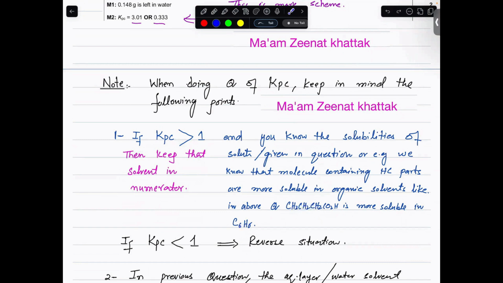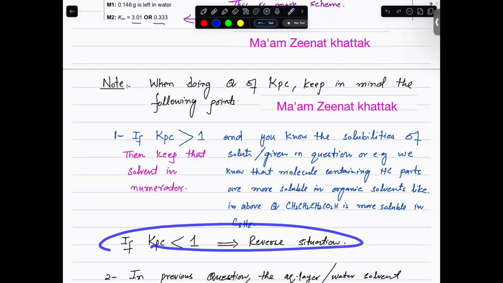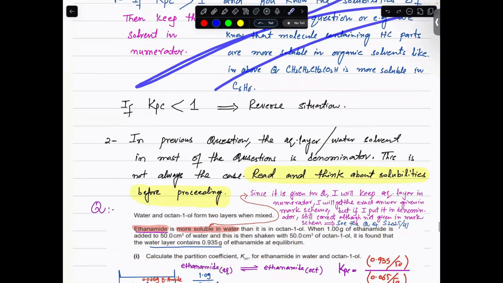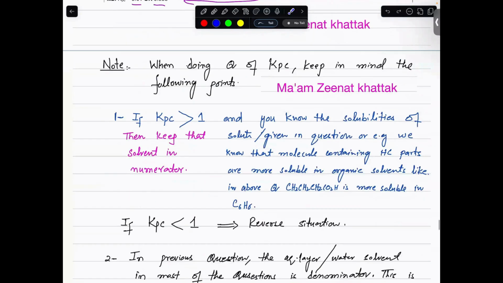So if Kpc is more than 1 and you know the solubilities, you're supposed to keep that in the numerator. And the reverse is the case for this. I'm repeating. You have to keep that solvent in the numerator in which the solute is more soluble if Kpc is more than 1.